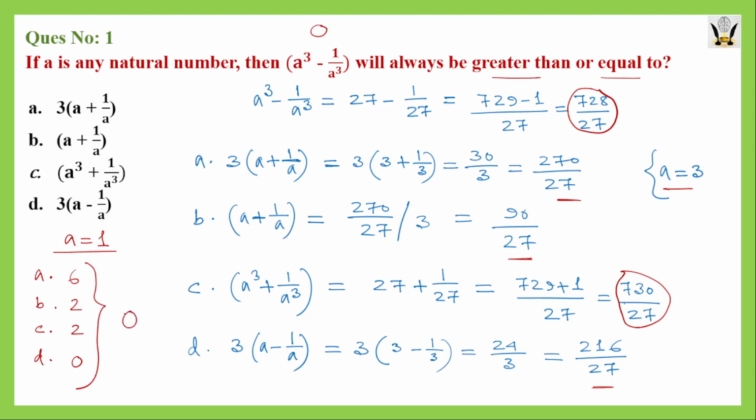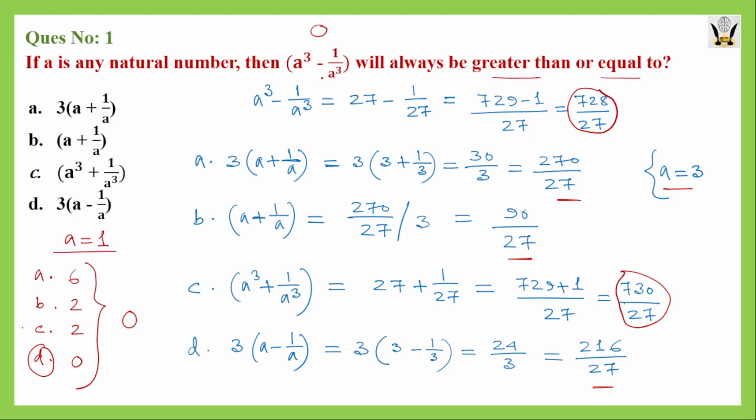So here 0, and all these three values are more than 0, and we have already seen that the third option will be always more than the value of the given expression. Now when we took a is equal to 1, only option D is equal to the value of the given expression. Otherwise all the first three values are more than the value of the given expression.